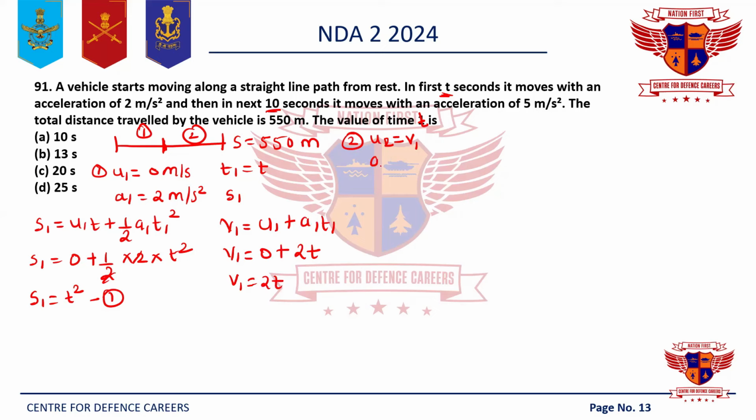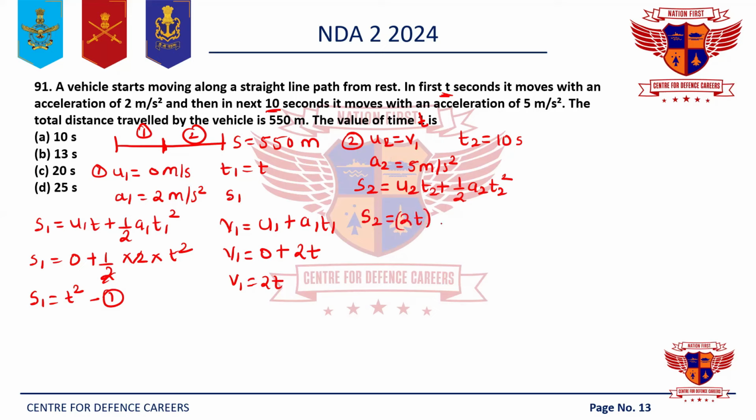Now here the acceleration A2 is equal to 5 meter per second square and the time T2 is equal to 10 seconds. Let's find out the displacement using the equations of motion. So we get S2 equal to U2 T2 plus half A2 T2 square. U2 is equal to V1, which is 2t.